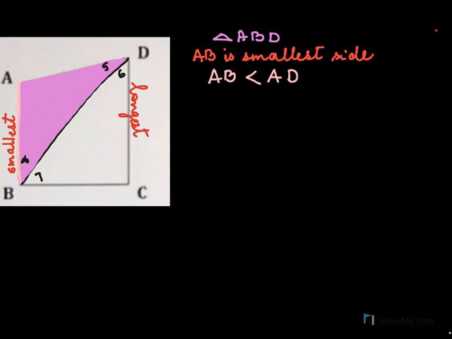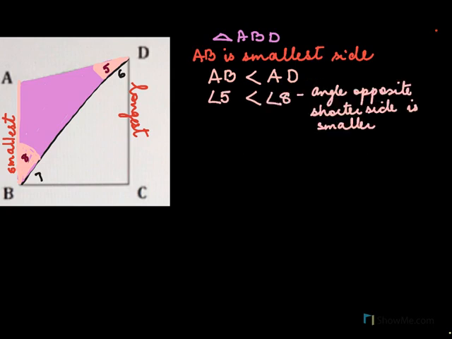And opposite AB, I have the angle 5, and opposite AD I have angle 8. Therefore, angle 5 is less than angle 8. The reason: angle opposite shorter side is smaller. This will be my equation 3.